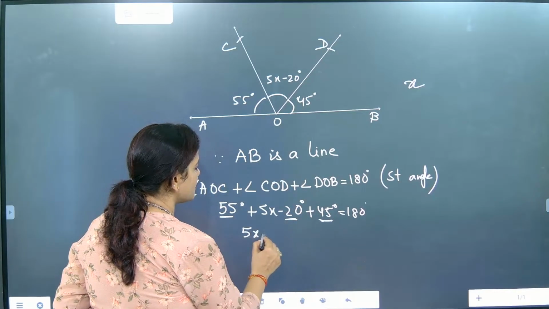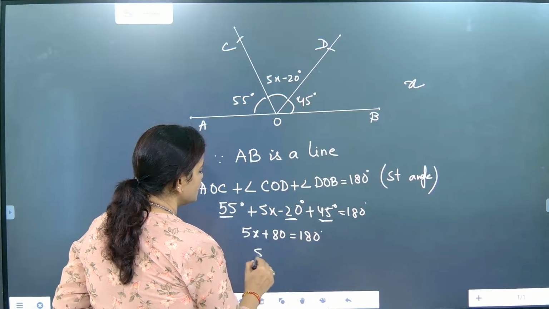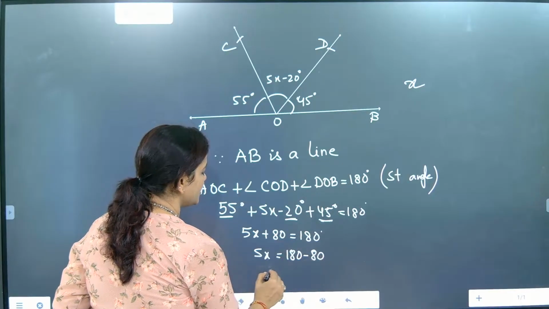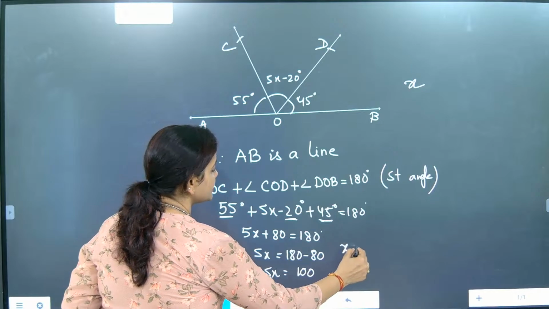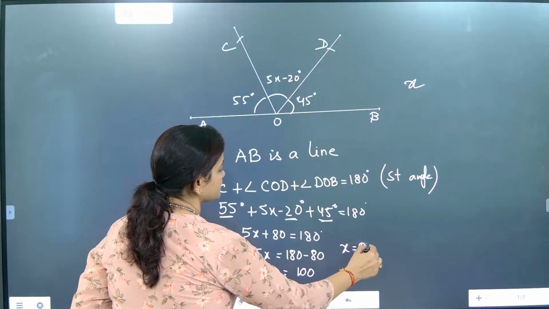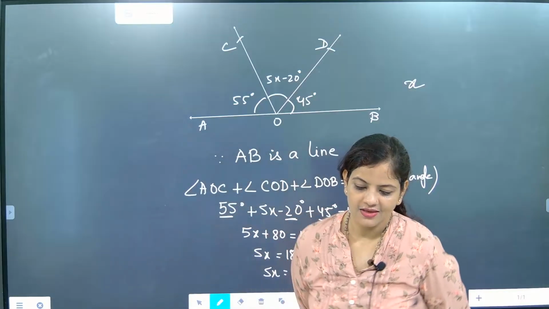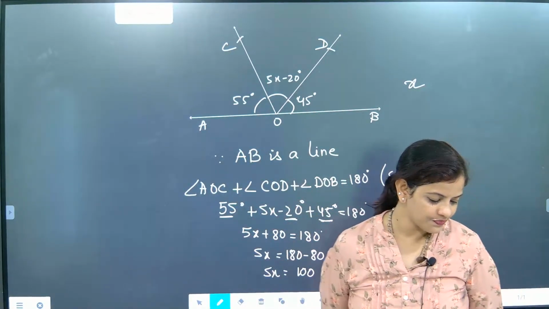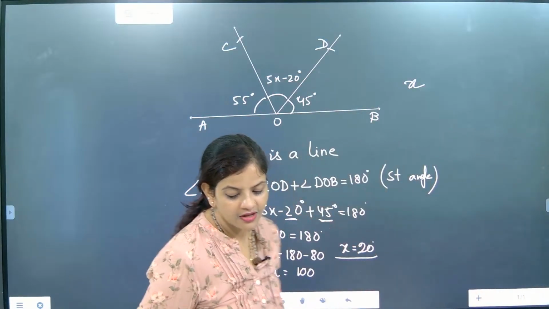So 5x plus 80 is equal to 180. So 5x is equal to 180 minus 80. 5x is equal to how much? 100. X is coming as how much? 20. X is coming as 20 degree.